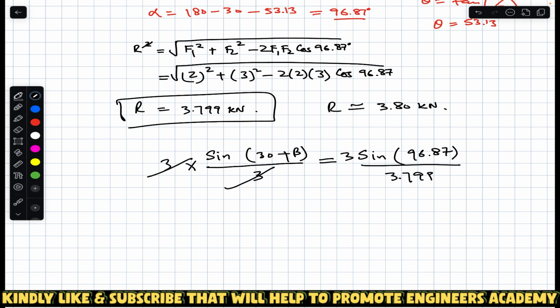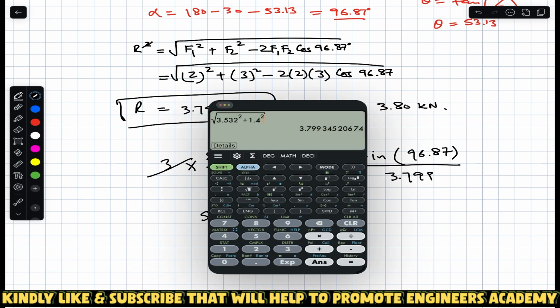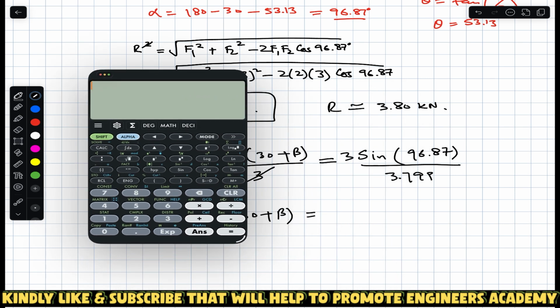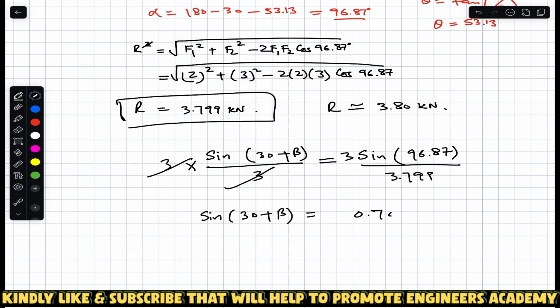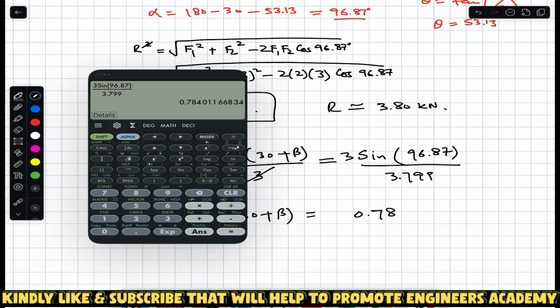If I cross multiply both sides of the equation with 3, this will cancel out, and we will have sine of 30 plus beta is equal to this thing. So let's find 3 sine of 96.87 divided by 3.799, which is 0.784.